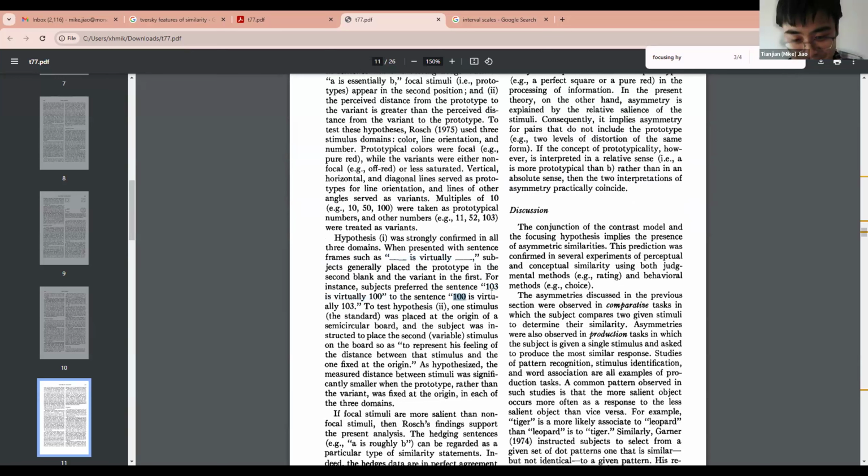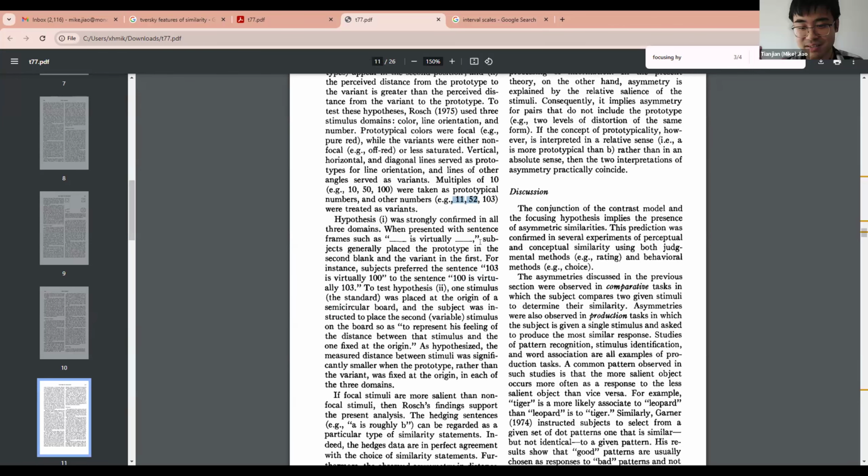But it doesn't make a lot of sense to say 100 is virtually 103. It seems arbitrary to make such a statement, right? But this is in fact just the reverse of the former statement. Why is that? It's because we consider numbers like 100 or 10 or 50 to be more prototypical in comparison to numbers like 11, 52, 103. And because it's prototypical, it becomes more salient, and we are much more willing to use it as a referent rather than the subject.